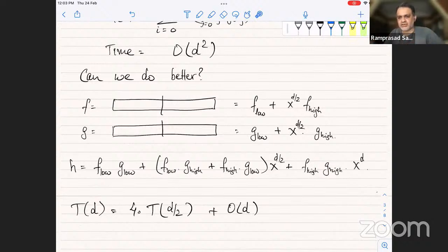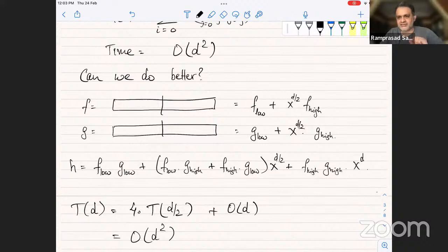Or even to break this up into f low and f high, I might have spent some order d time. And if you solve this recurrence, you get order d squared, which was something that we could do anyway. So it seems like, on the face of it, we are not really making progress.